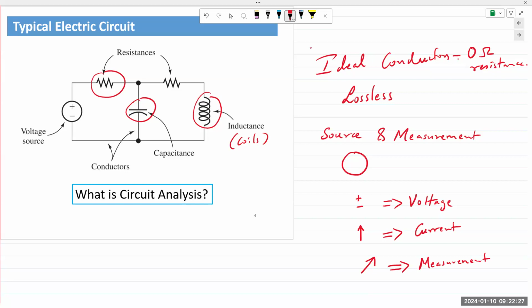So here in this circuit, we see that there's a circle with a plus and minus inside it. Hence, it is a voltage source. If there was an arrow inside it, whether it's pointing straight up or pointing horizontal or vertical, it's a current source.